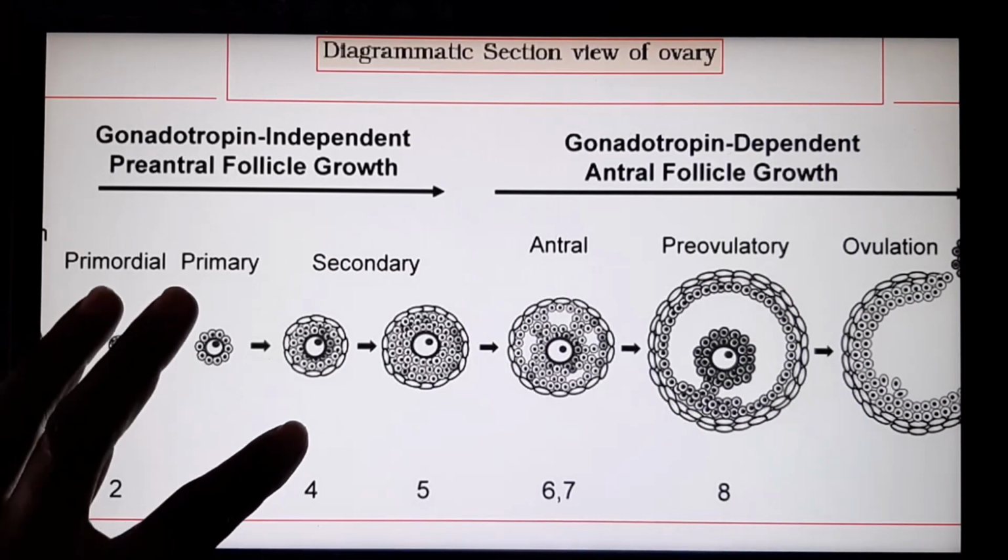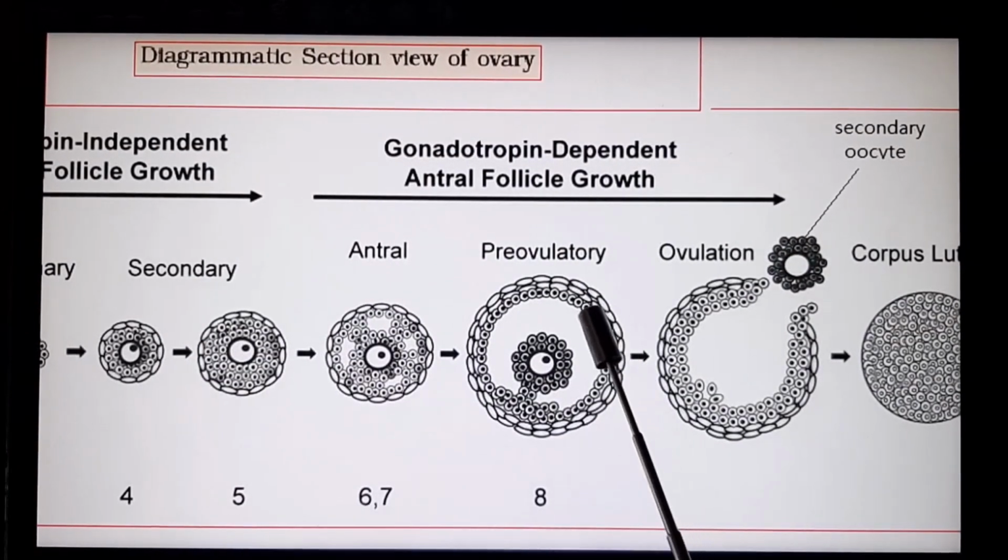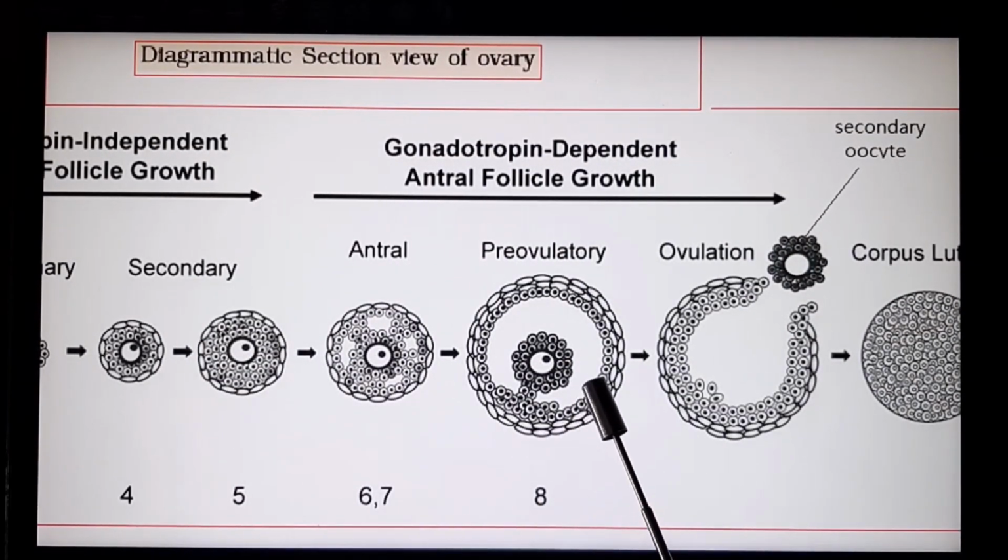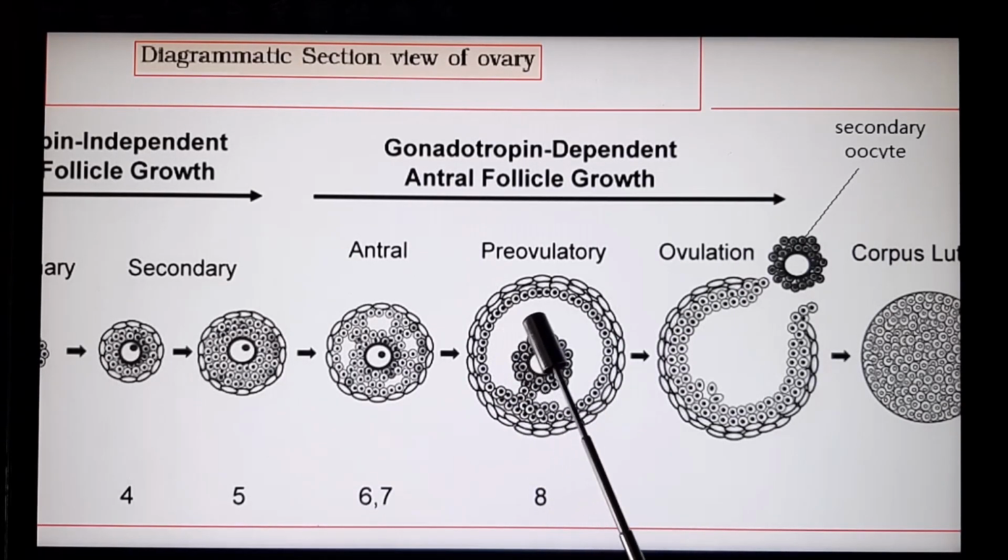Next, prior to the pre-ovulatory stage, before the mature Graafian follicle develops further, the antrum cavity develops well. Theca interna and theca externa are forming. At the same time, around the secondary oocyte, a new layer, the zona pellucida, and later the corona radiata are forming.